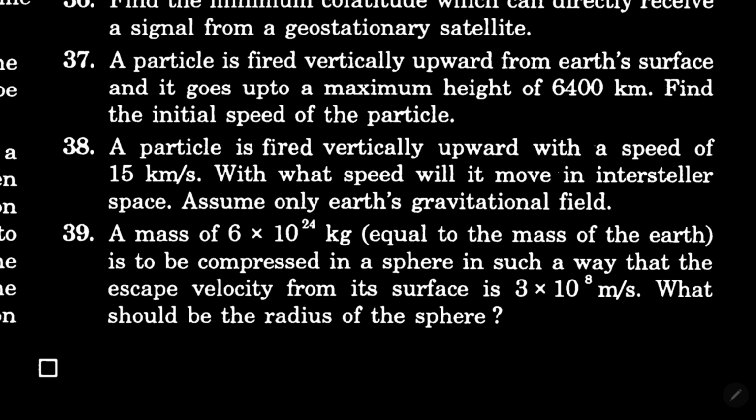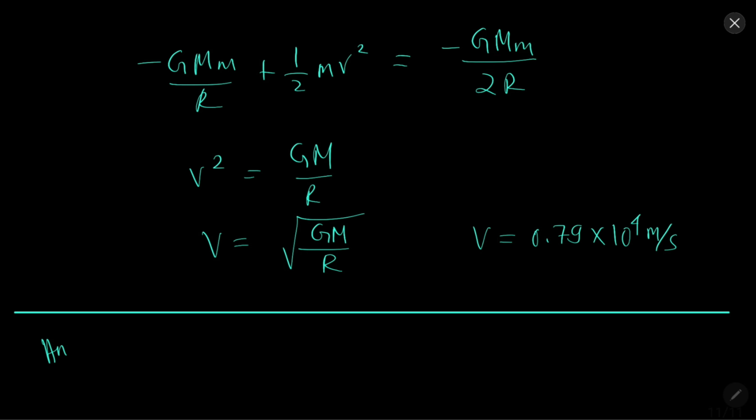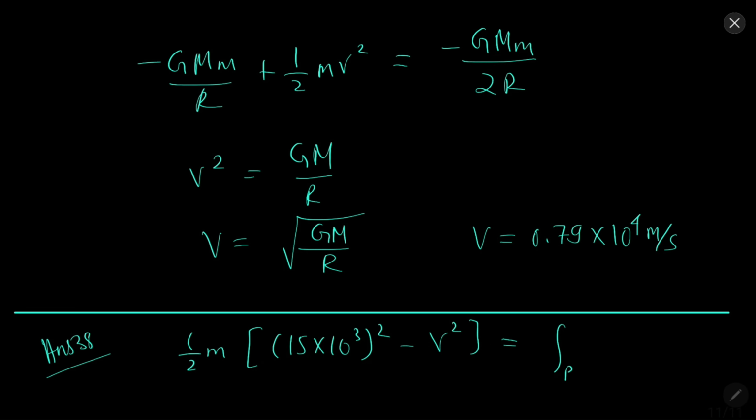In question 38, a particle is fired vertically up with some speed. What will be the speed with which it moves in interstellar space, assuming only Earth's gravity? So solution 38. So let the speed be v in interstellar space. So it will be half m times 15 into 10 to the power 3 square minus v square equals integral from r to infinity of GMm over x square dx.